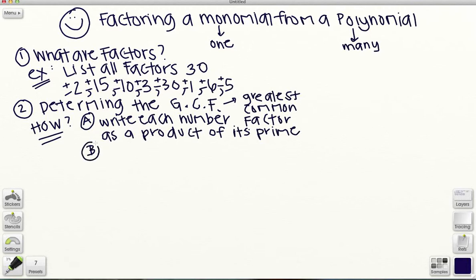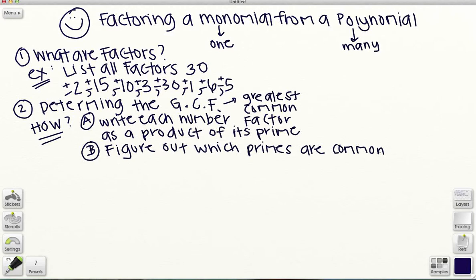Step B is you're going to figure out which primes are common to either both of the numbers you're working with, if you're working with 2, or to all of the numbers you're working with, if you're working with more than 2.